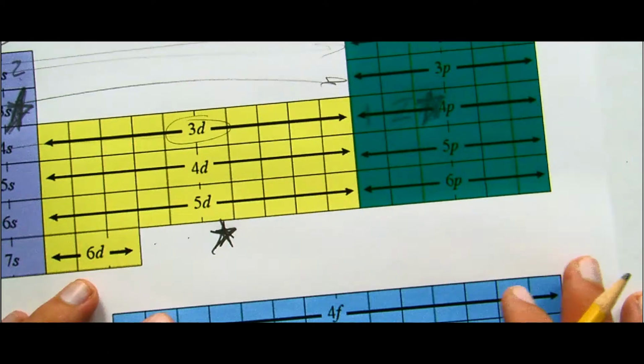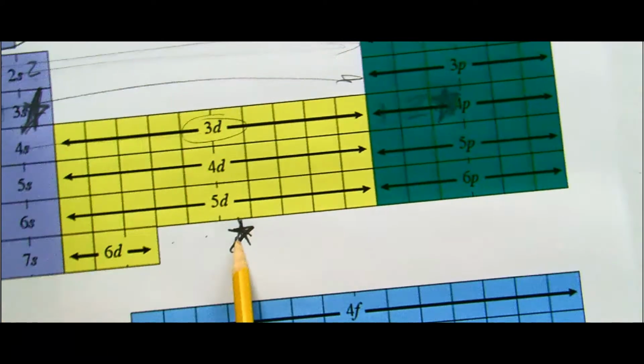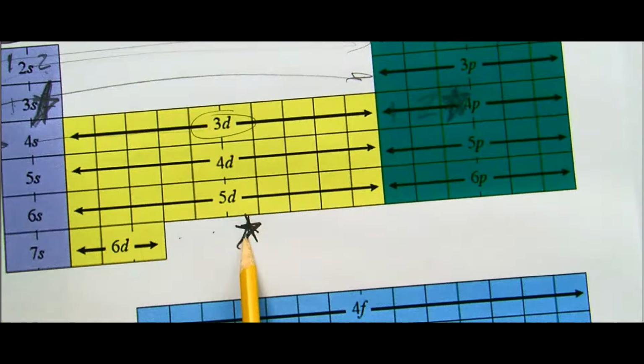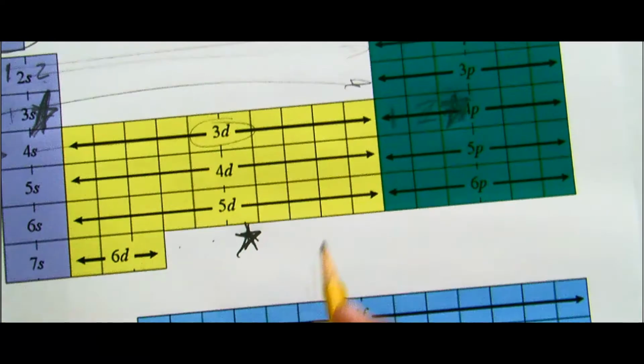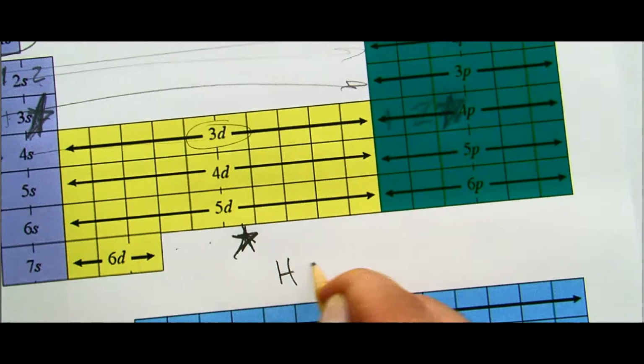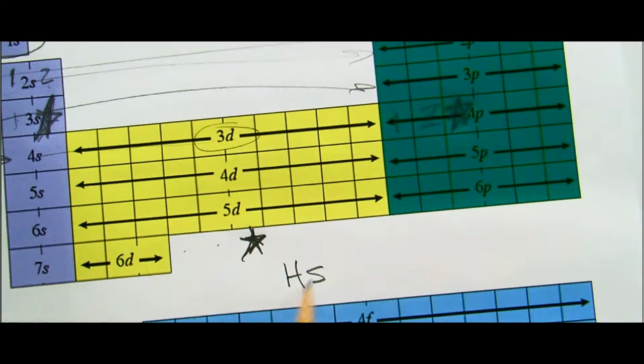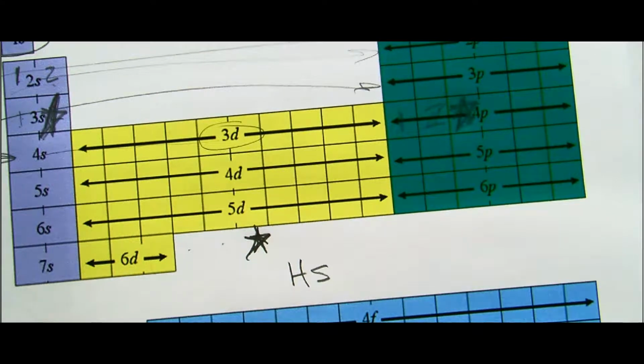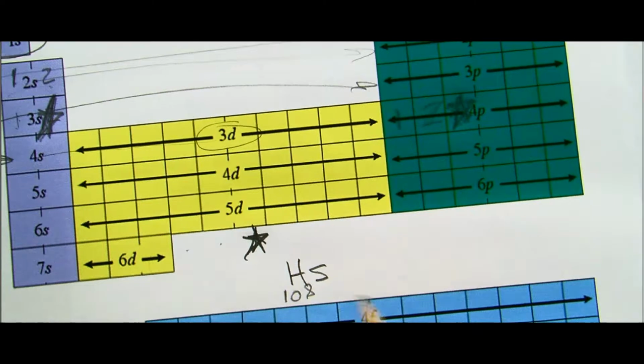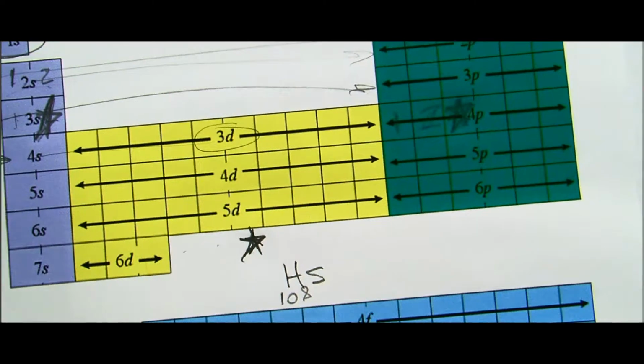All right. What noble gas comes before this box? So 6 is HS. I don't even know what HS is. Hassium, maybe? I don't know. So what noble gas comes before 108? 86, right?